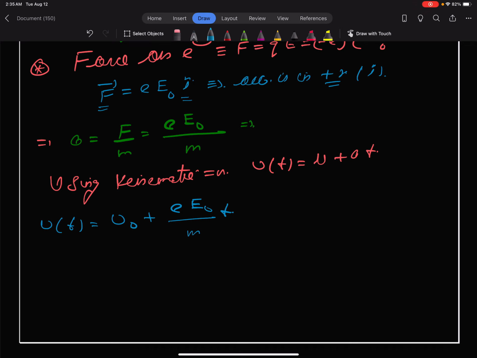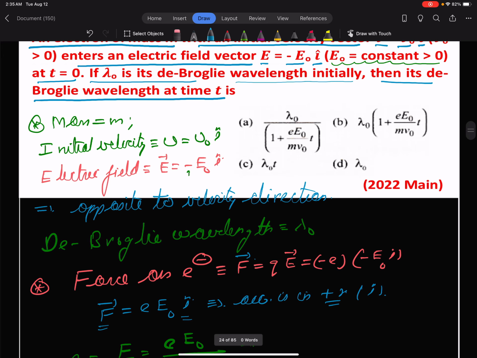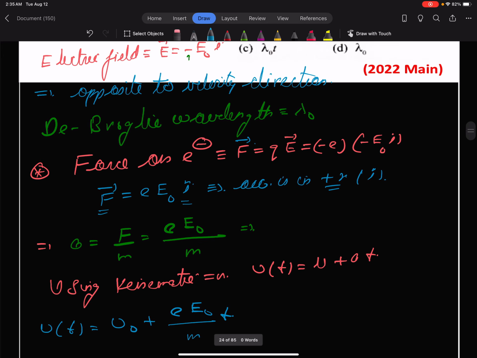And now we are supposed to find out the de-Broglie wavelength.